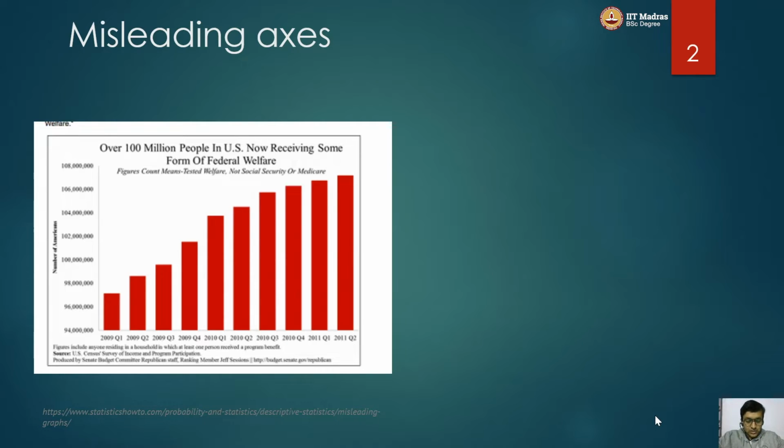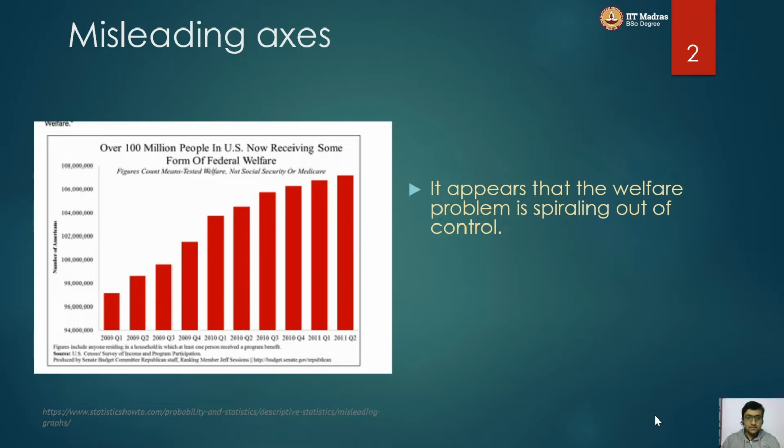Now by looking at this chart, what comes to your mind? It appears that the welfare problem is spiraling out of control in US over the years across the quarters.